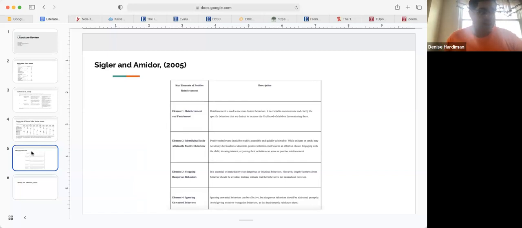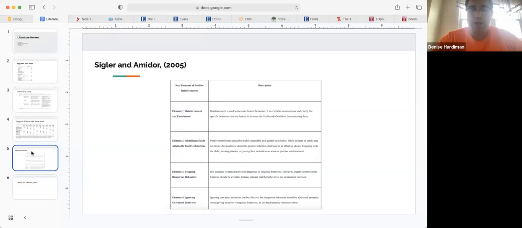The authors highlight that positive reinforcement aims to increase the frequency of desired behavior using pleasant stimuli. They also identify key elements of positive reinforcement to help differentiate. 1, reinforcement and punishment. 2, identifying easily attainable positive reinforcers. 3, stopping dangerous behaviors. And 4, ignoring unwanted behaviors.